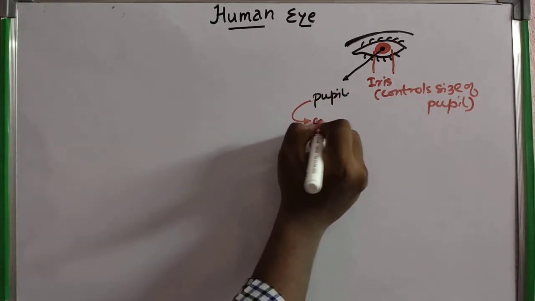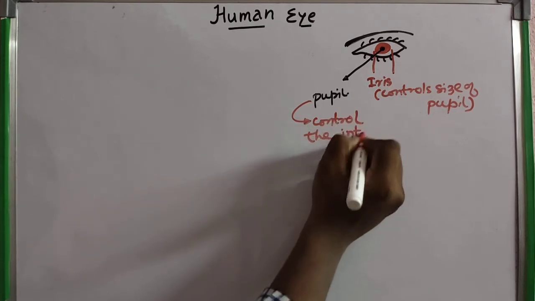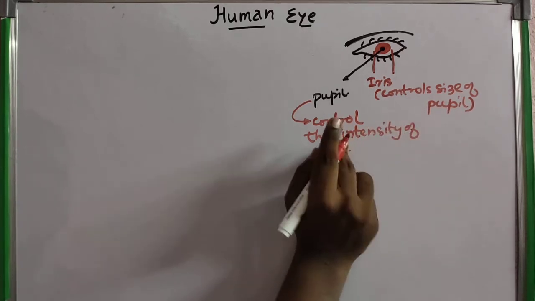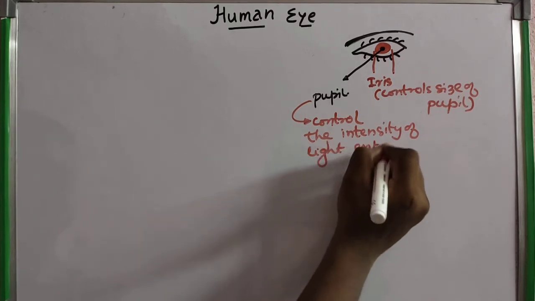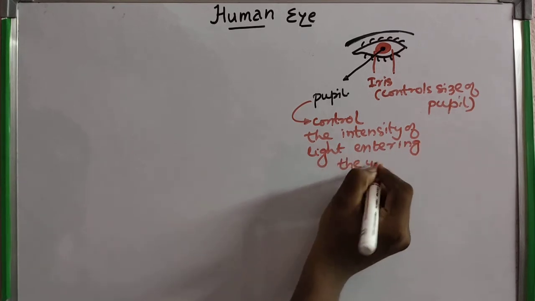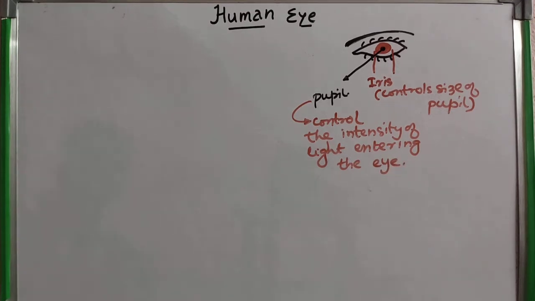So the pupil controls the intensity of light entering the eye. So the colored part is called the iris, which controls the size of the pupil, and the pupil is the opening through which the light enters the eye.